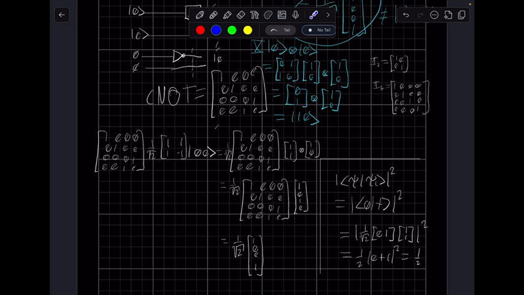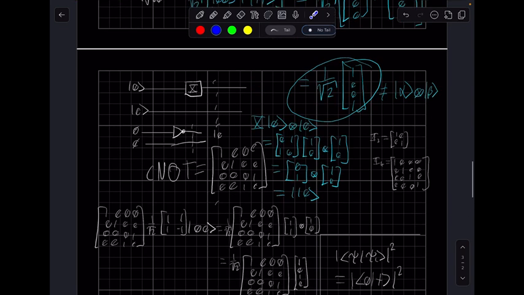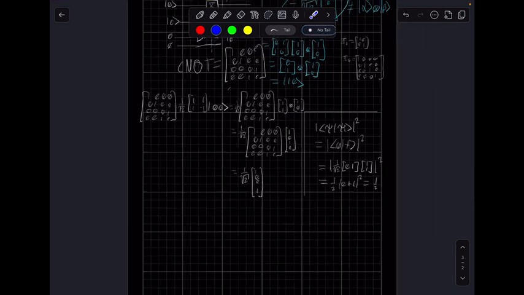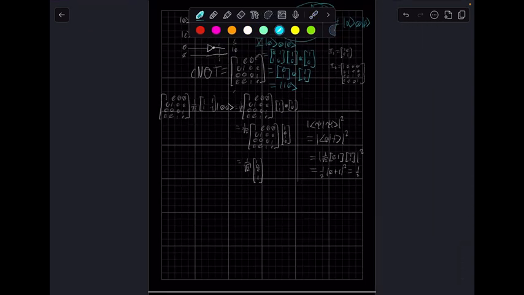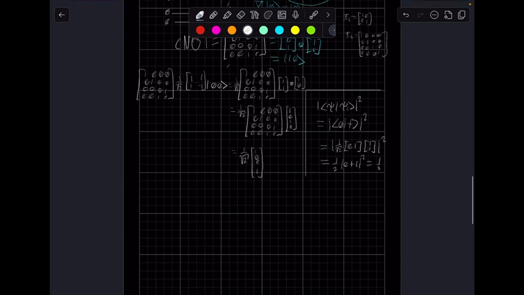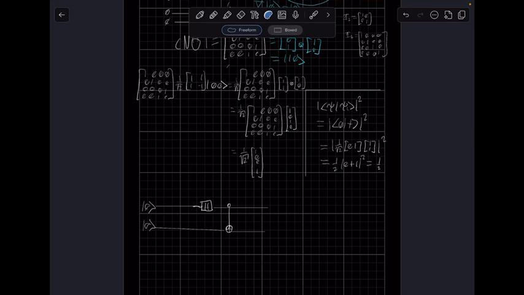Okay. So this C0 gate is very important. I'm just going to expand upon this here. So if we have a Hadamard gate and then we have a C0, which is what we describe up there, and we start out with 0, 0.